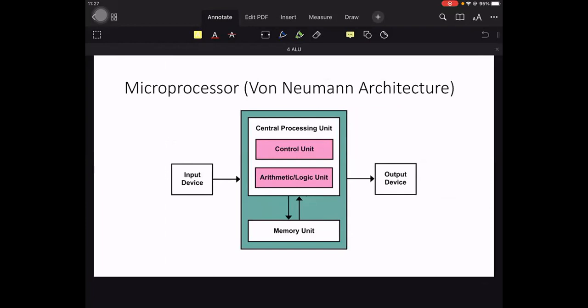Input device, output device, memory, and inside this, the processor, is our microprocessor, or the central processing unit, CPU. So one of the main components of the CPU is, of course, the ALU, Arithmetic Logic Unit.